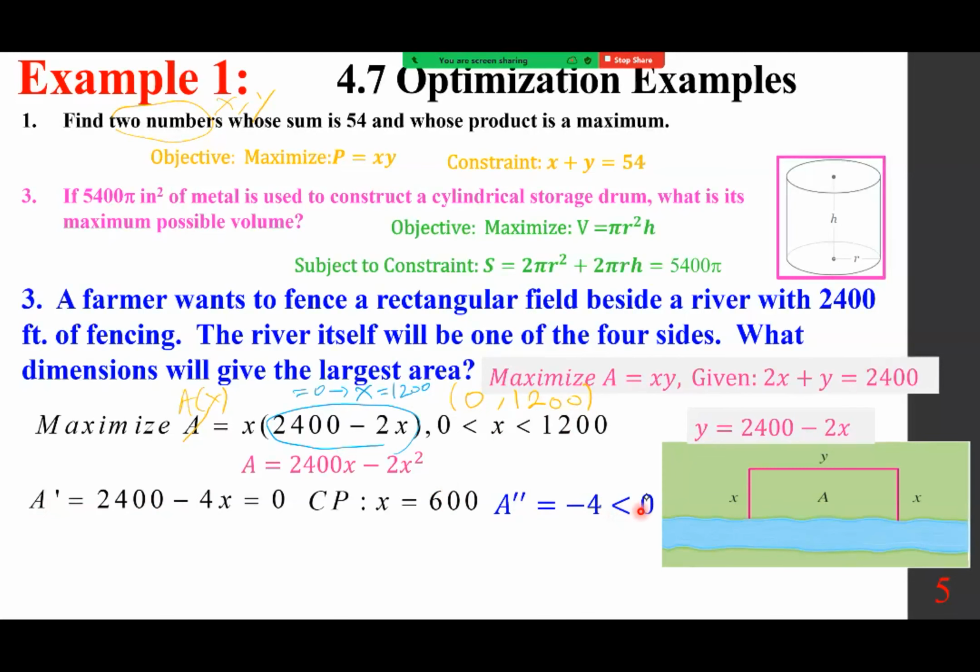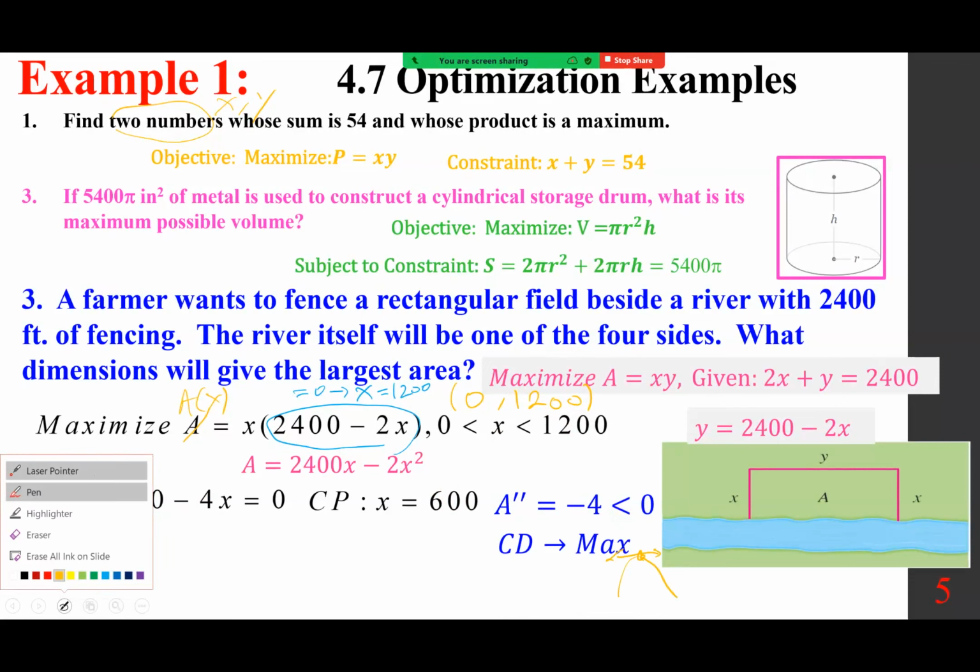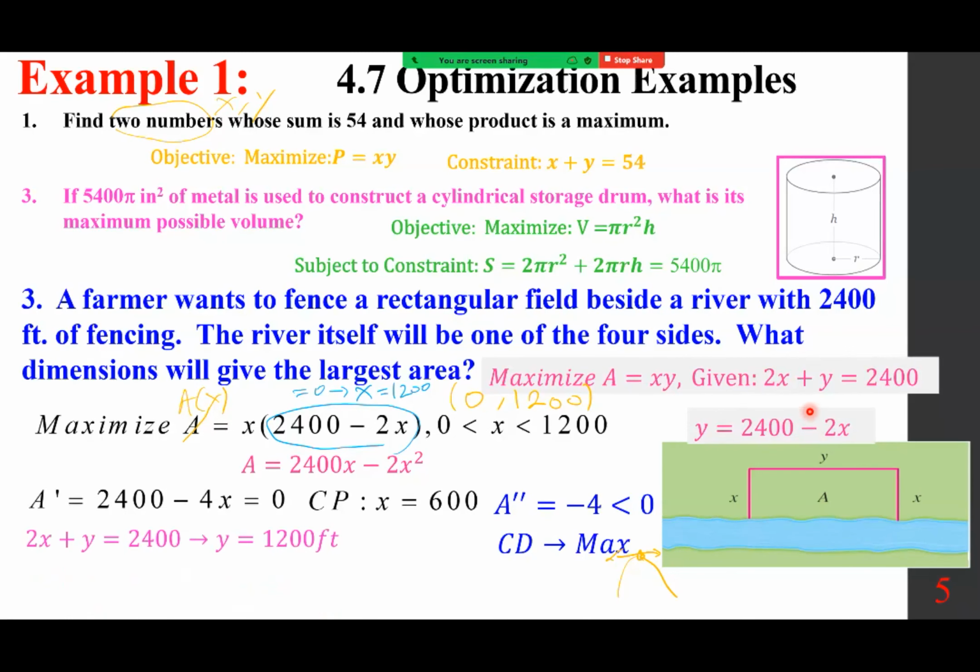So when it's concave down, the maximum occurs at x equals 600. So you plug it back into this constraint to find the y, which becomes 1200.